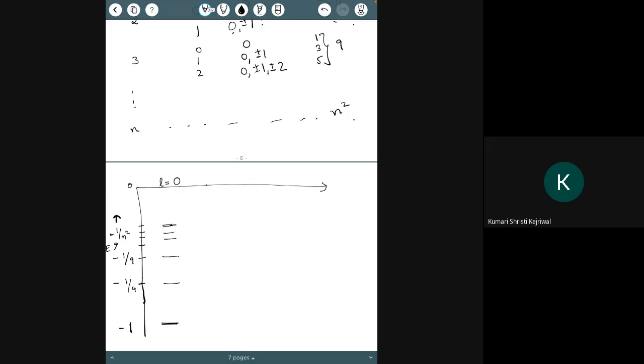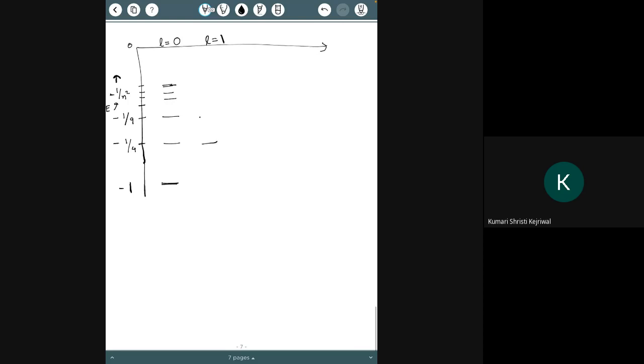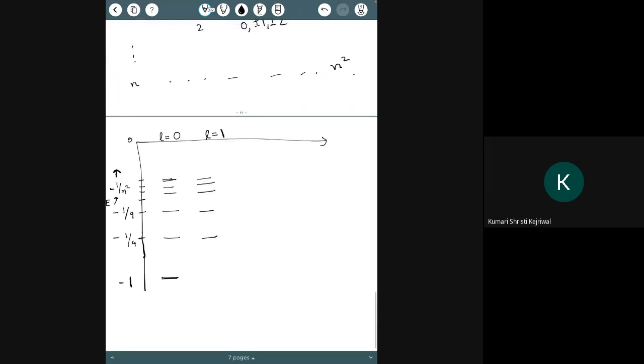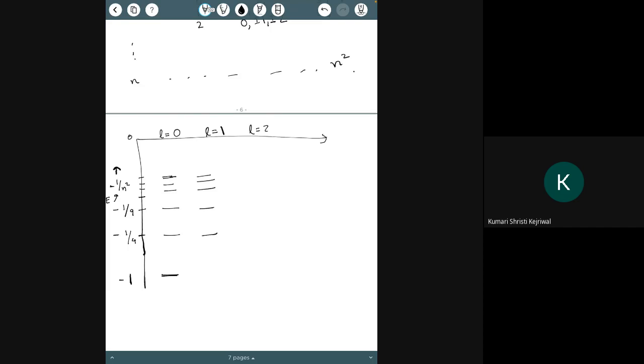And then I have L equal to 1, and what I find is that my spectrum shifts by 1, but it is still exactly parallel with the L equal to 0 states. And then for L equal to 2 again, you start higher, but you still have the same energy levels. So this was not guaranteed, but it so happened that the form of the equation gives you this. So this is called accidental degeneracy.